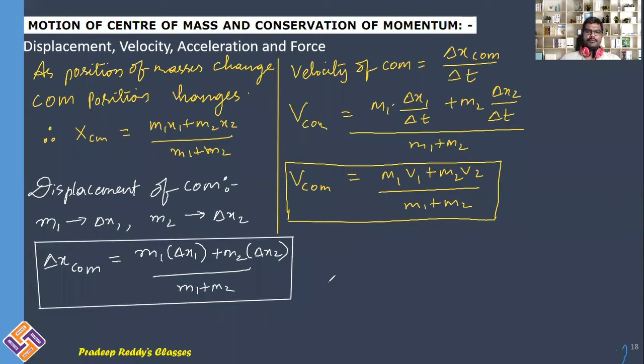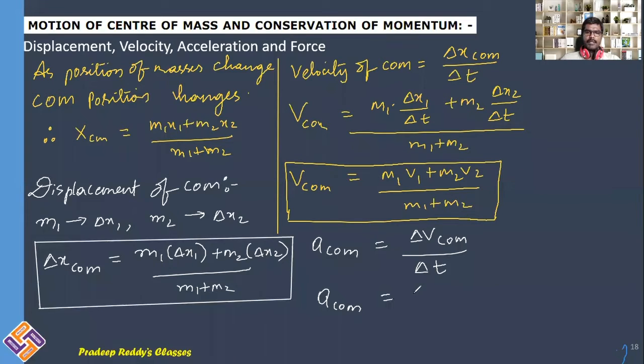And if you are calculating change in velocity, you will get acceleration of the center of mass, that is delta VCOM divided by delta t gives you acceleration of the center of mass.